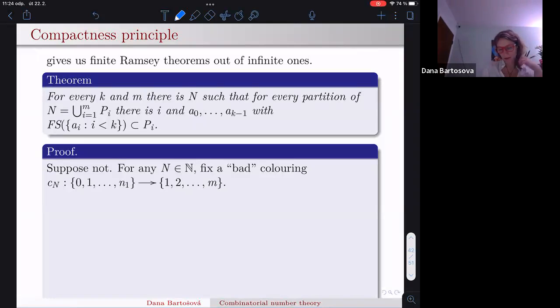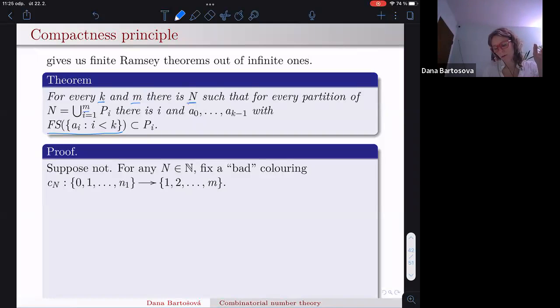So what is a finite version? Well, the finite version is where we are not necessarily coloring all natural numbers, but just some finite piece. But we want to know that we are going to have in one piece of the partition the finite sums of some sequence of length k. And I also am now a little careful about how many pieces of the partition I have. Before it was no matter how many, as long as it was finite.